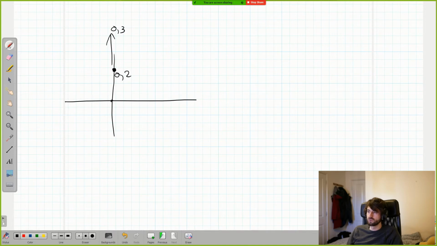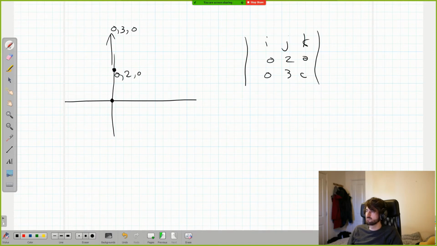So we're going to calculate its angular momentum from the origin. We're doing it in 3 dimensions, with i, j, k. We've got its position, which is 0, 2, 0, and its momentum, which is 0, 3, 0.